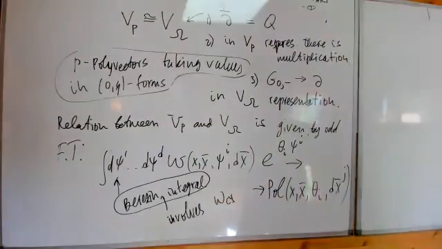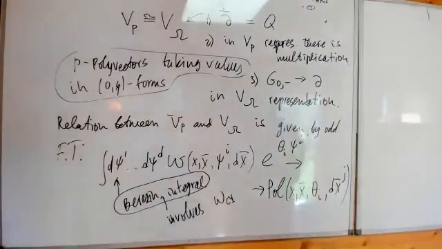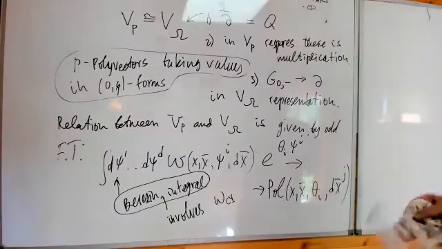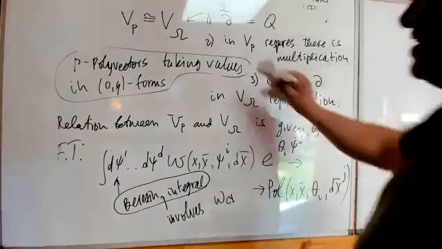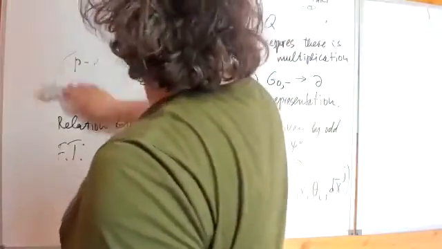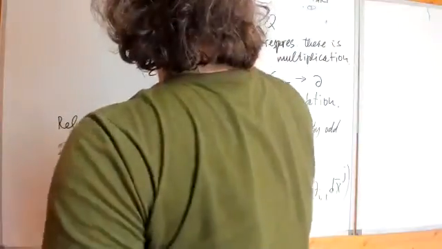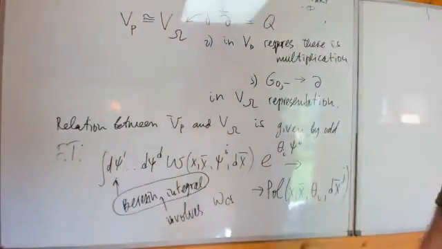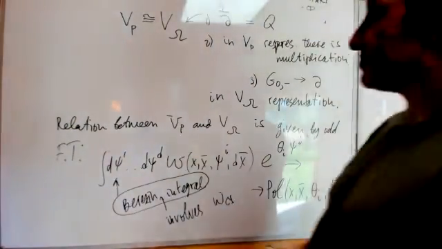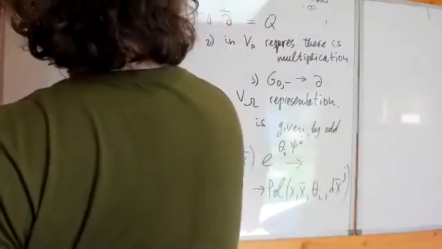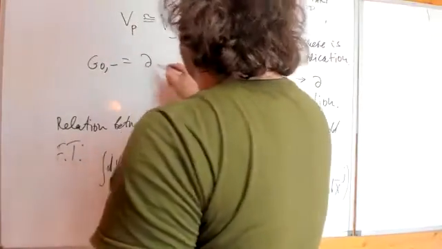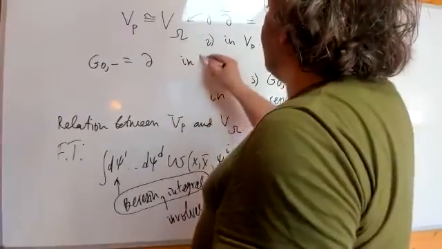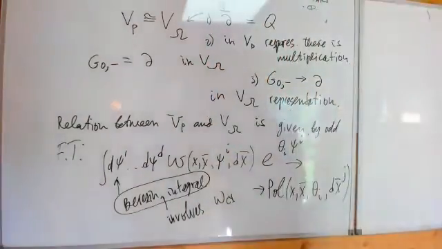And this Fourier transformation, odd Fourier transformation, so you may take it or you may not take it, allows me to do the following. I have an operator G naught minus that is D in VQ representation.